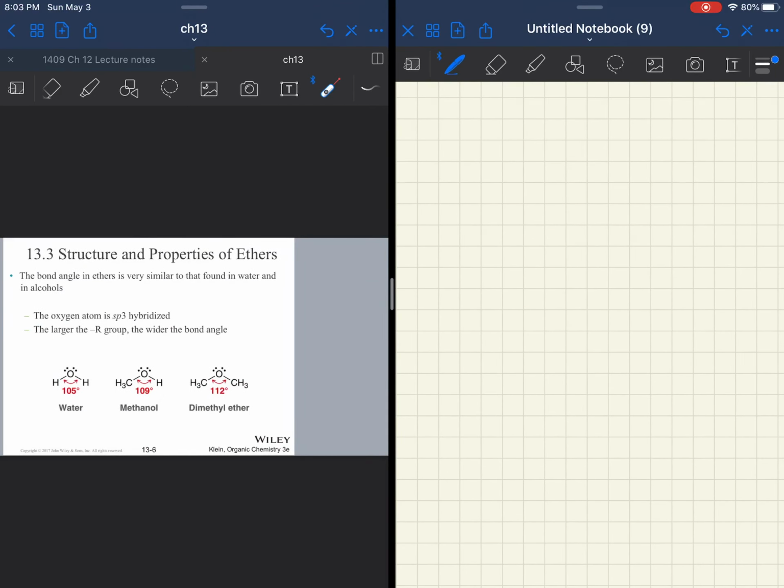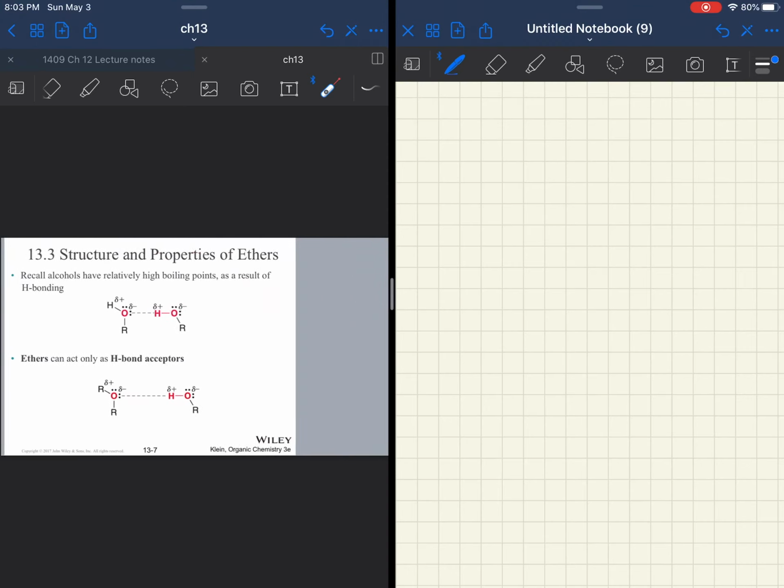As far as structure and properties of ethers go, it's not very surprising. They tend to have very similar structures to alcohols in terms of the geometry. They can hydrogen bond with water and alcohols, but not with themselves.